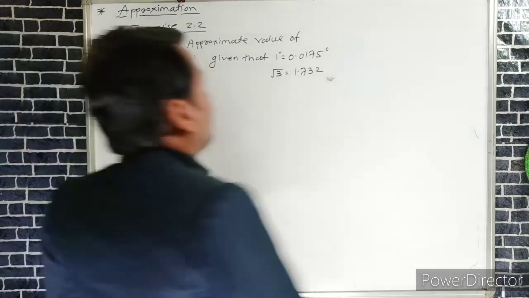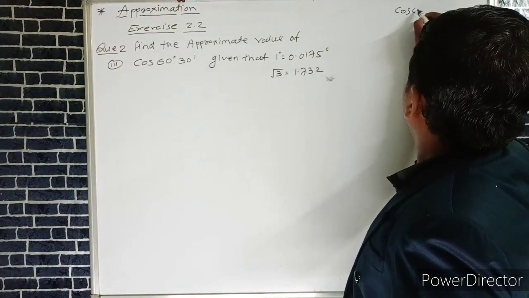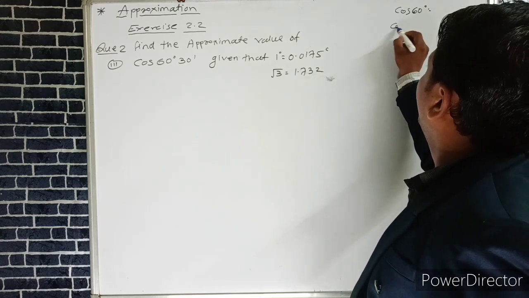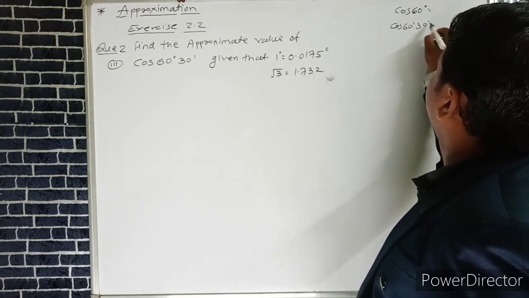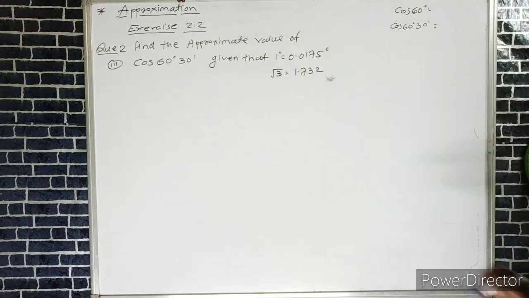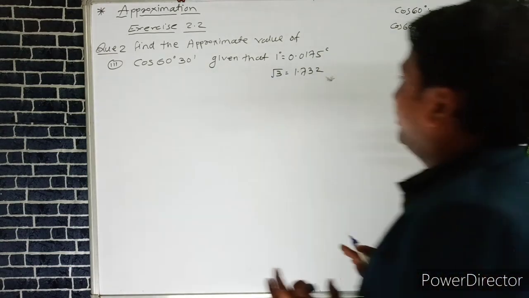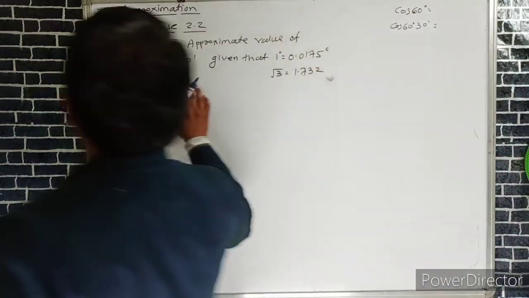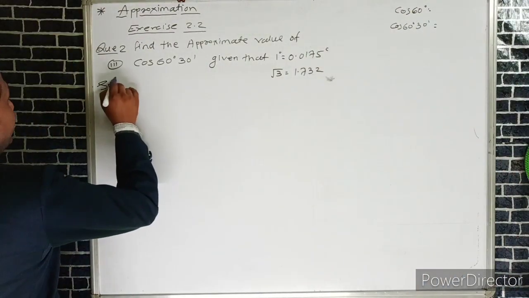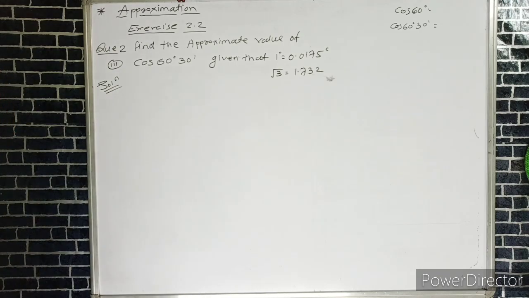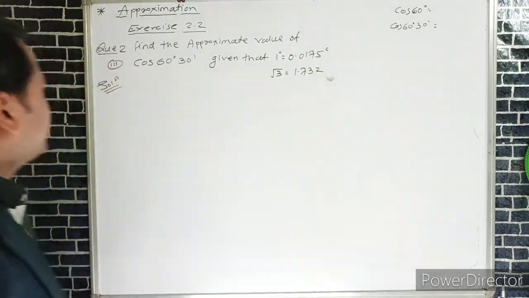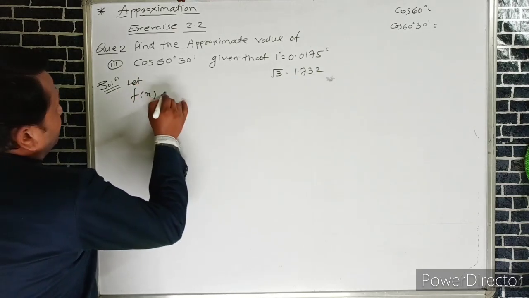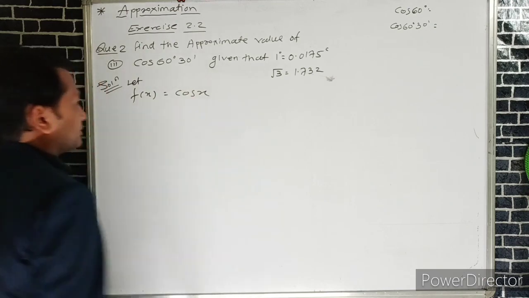We know the value of cos of 60 degree, but it is difficult to find cos of 60 degree 30 minutes, so we use the rules of approximation. First we consider the given function f of x equal to cos x.